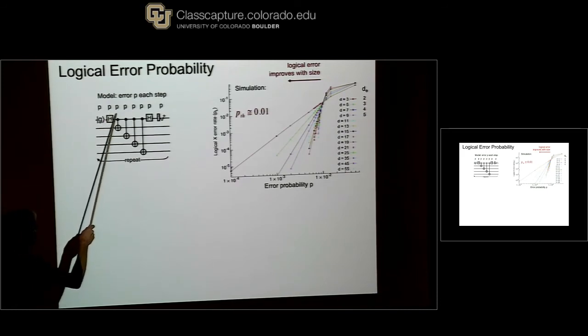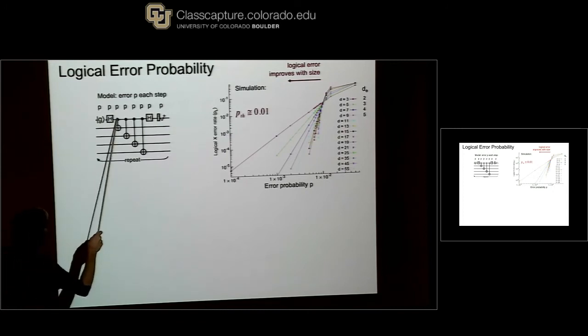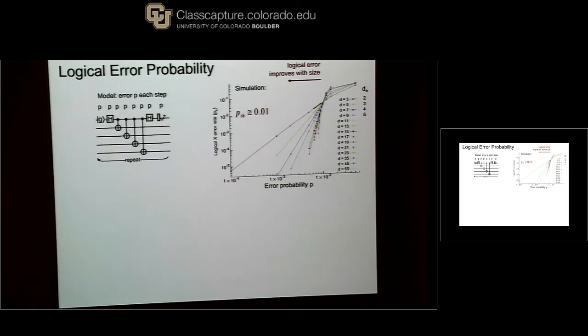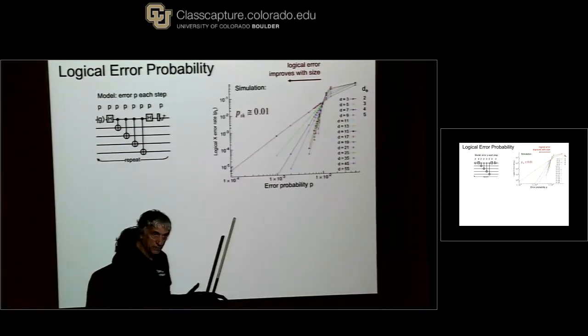So you add an error of X or Y or Z on each of the states, and then when you have a CNOT, there are all the possible combinations coming out of the CNOT. So you put in random bit and phase flip errors for each of the steps on all the qubits. Then you run the surface code and you get some final answer.